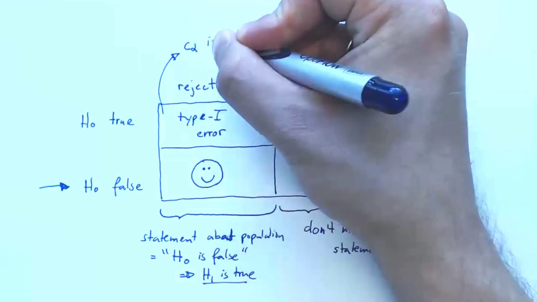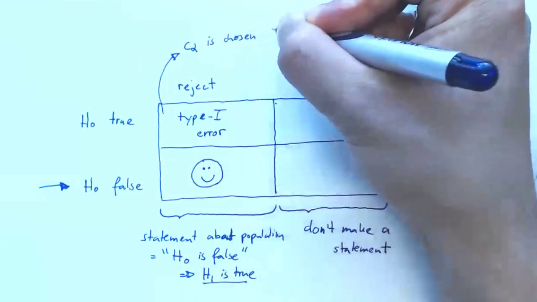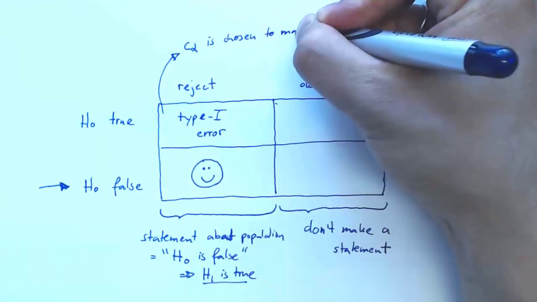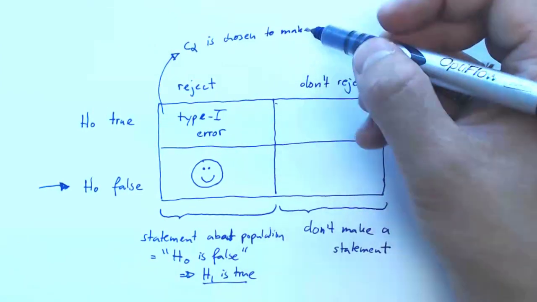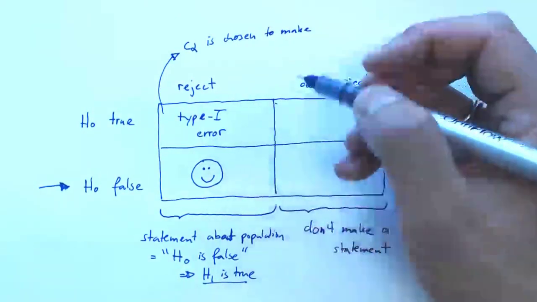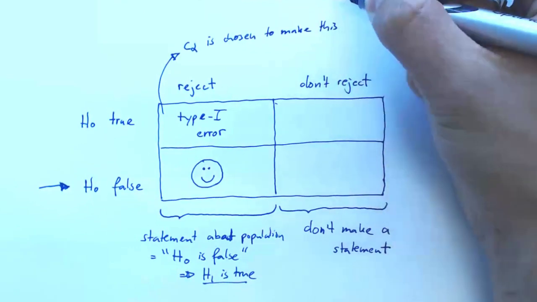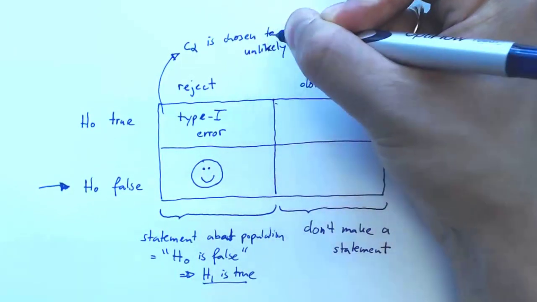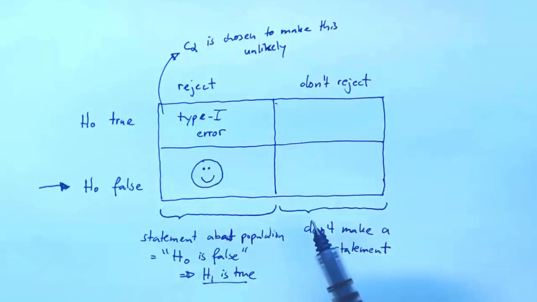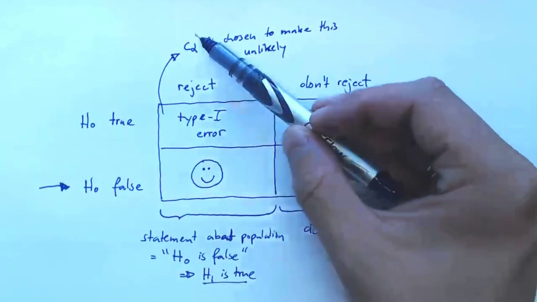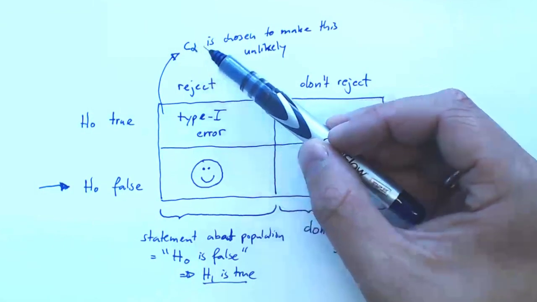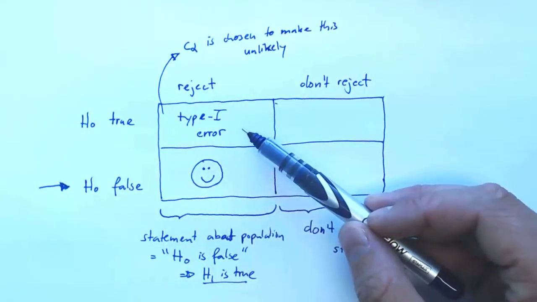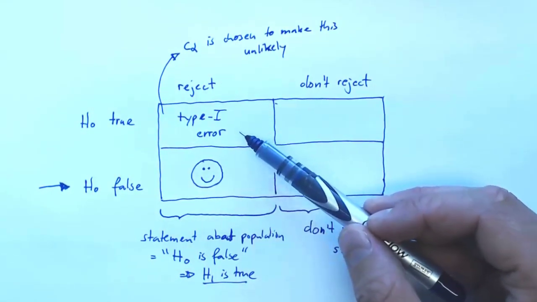C alpha is chosen to make ending up in this scenario unlikely. So we calibrate C alpha basically so that the probability of us making a false statement is very small.